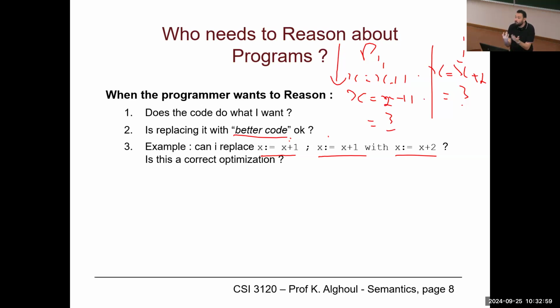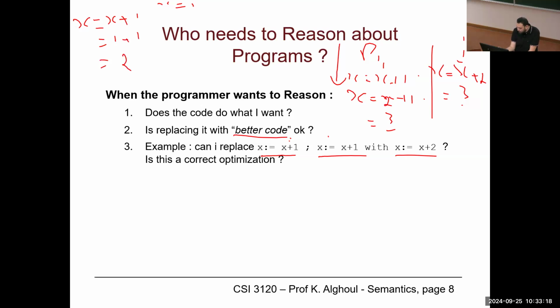But what if your language supports parallelism? What do we mean by parallelism? Sometimes, let's say you're doing x equal x plus 1, and x was originally equal to 1. So you started with 1 plus 1 equal 2, correct?